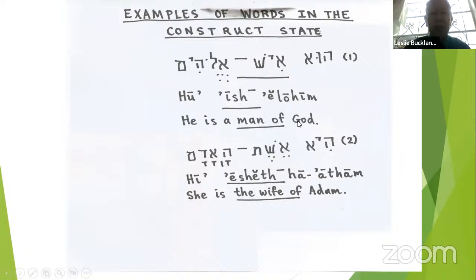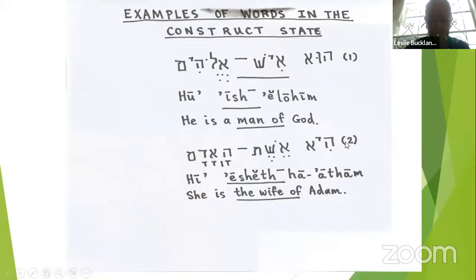He is a man of God. So this is no longer in its absolute state. It is now in its construct state, because I have constructed two words and added them on to the original noun that was standing by itself. It's not just he is a man anymore, but he is a man of God. So man is now in its construct state.